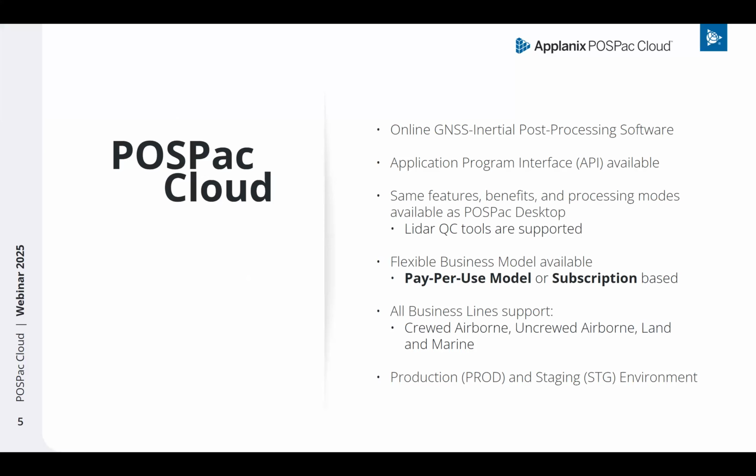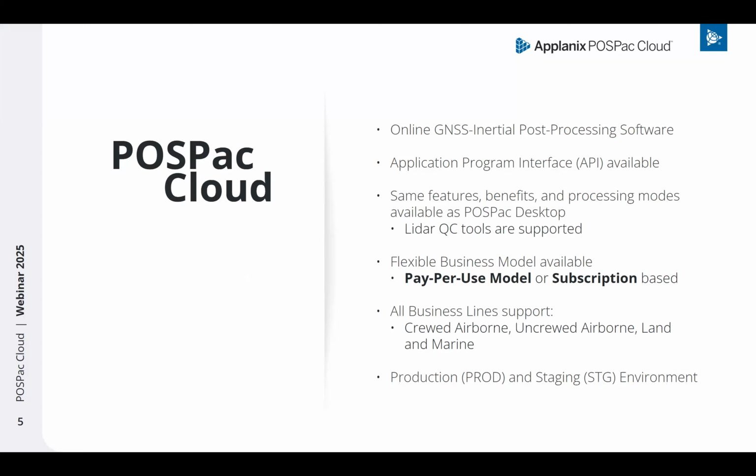So what's POSPac Cloud? POSPac Cloud is an online GNSS-inertial post-processing software designed to bring the power and precision of POSPac to a cloud-based platform. A key feature of the service is its application programming interface, that's API, which allows for seamless integration into automated workflows and OEM processing systems, making it highly suitable for scalable and high-volume operations.